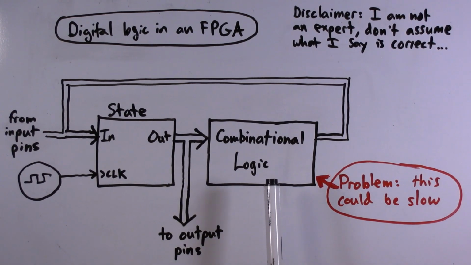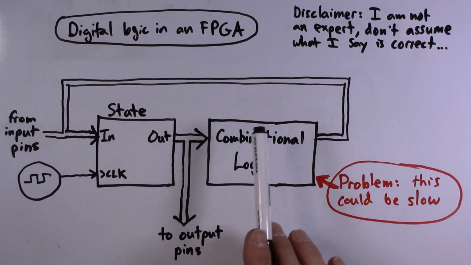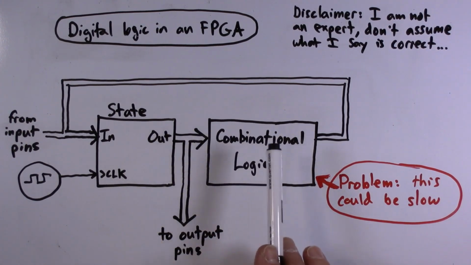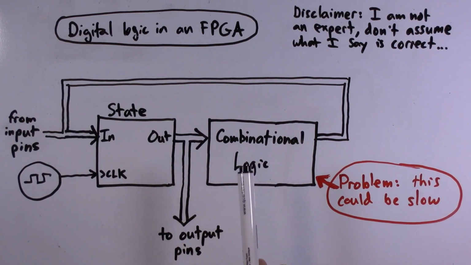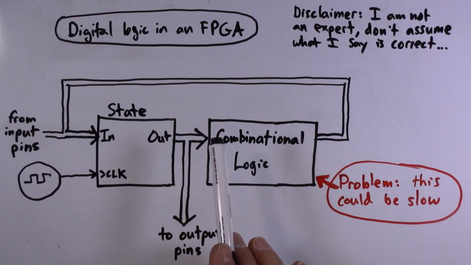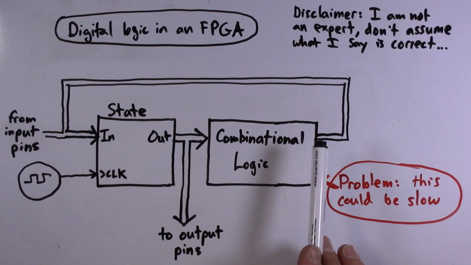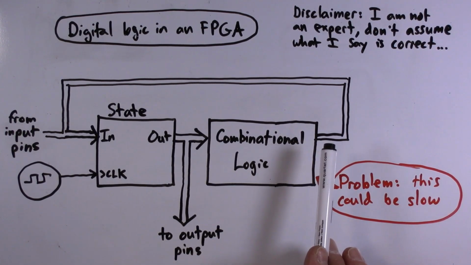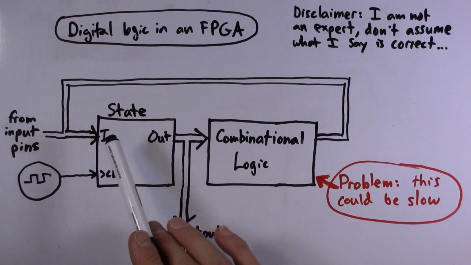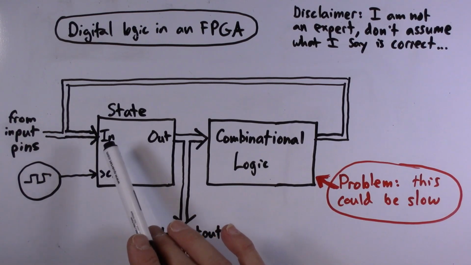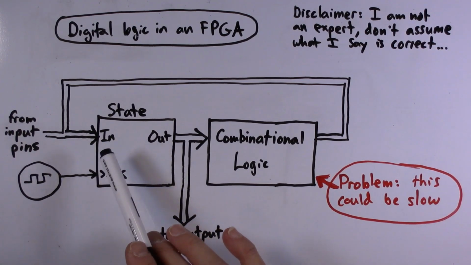And so the problem is the more complicated we make this combinational logic, the more likely it is that the propagation delays in the various gates and multiplexers and selectors that are implemented here might be sufficiently slow that we don't actually produce a valid output in time to meet the deadline for latching that updated state into our flip-flops and memory.